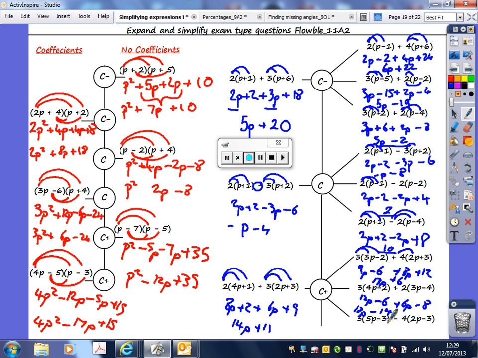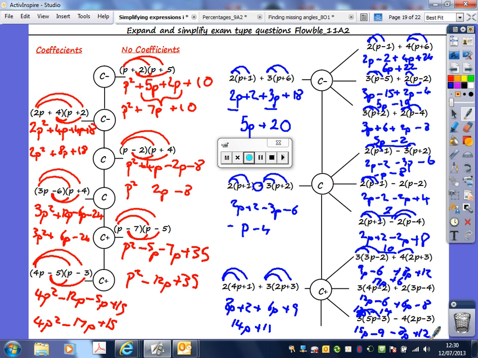This is where we've got negatives and coefficients in all of them. So 3 times by 5p is 15p. 3 times by -3 is minus 9. Over here we've got -4 times by 2p, -8p. -4 times by -3, plus 12, because it's two negatives.